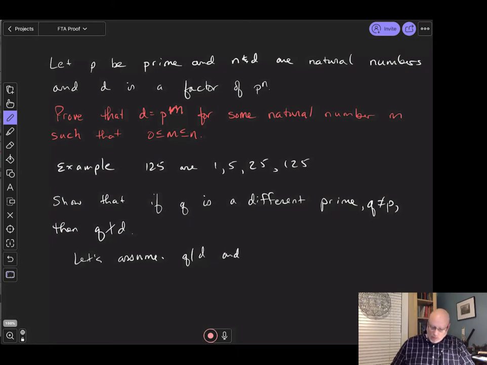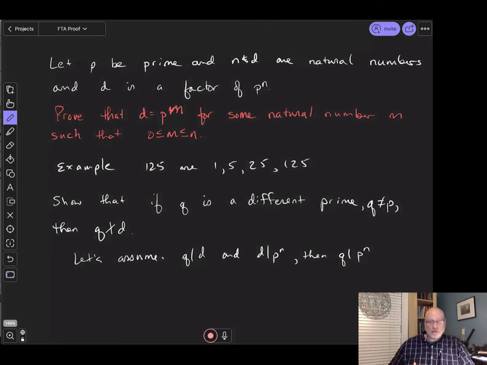We already know, because we were given, that D is a factor of P to the N, so D divides P to the N. It follows that if Q divides D and D divides P to the N, then Q divides P to the N. But remember, we've defined P as a prime number, and the number we're looking at is just the prime P raised to a power.